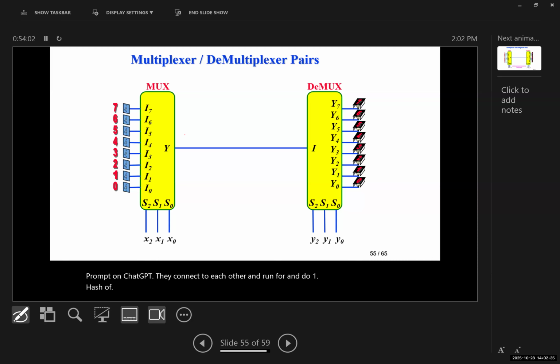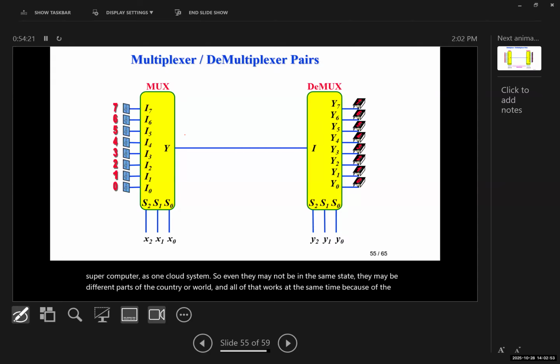So both of them are communicating, which are thousands of miles away, as one supercomputer, as one cloud system. So even they may not be in the same state. They may be different parts of the country or world, and all of that works at the same time because of the insane speeds that the fiber optic system has and the switches that we have.